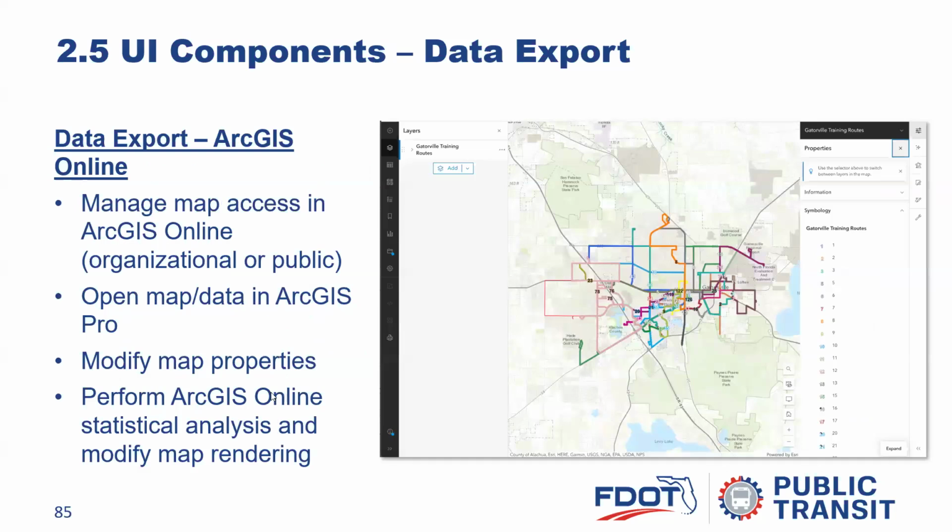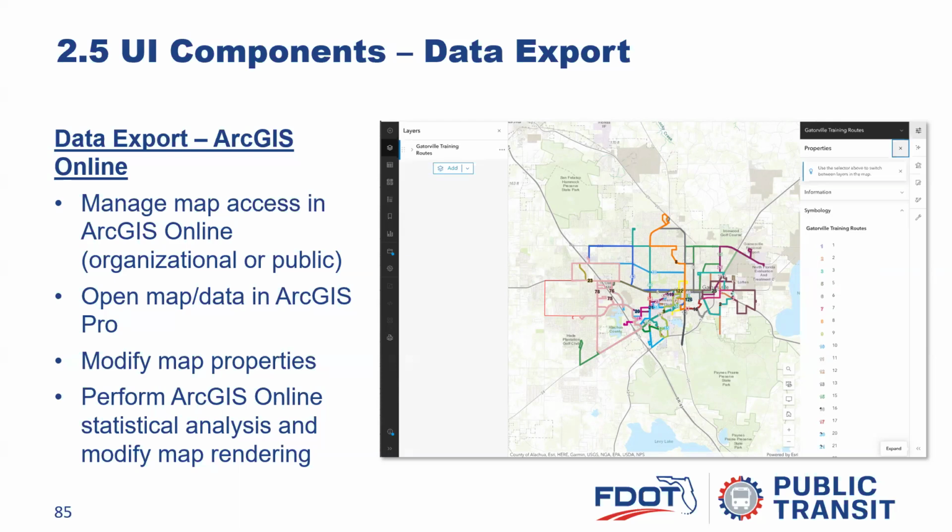All right, so this is what it looks like in online. We just selected all the routes in a TBEST network. We exported it out to ArcGIS Online, and then in the online world, you have the ability to make it organization or public. So if you wanted to publish this map, you could make it public and then embed it in a site or a link, however you would want to embed it in a site or distribute it.